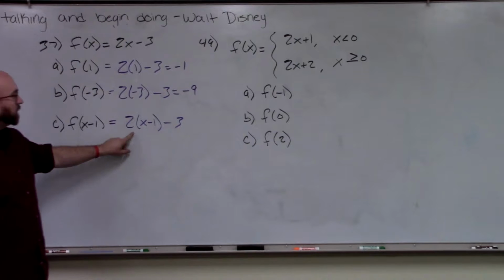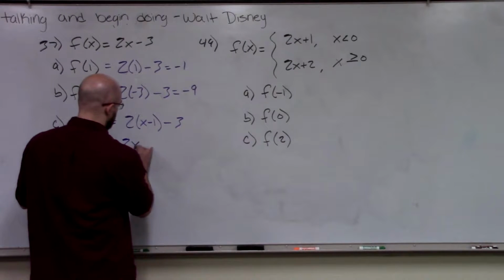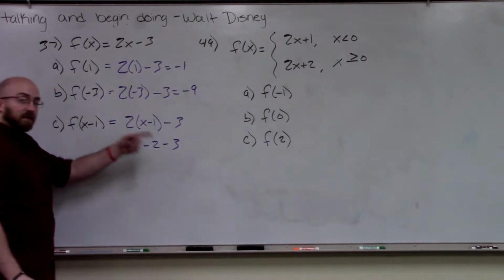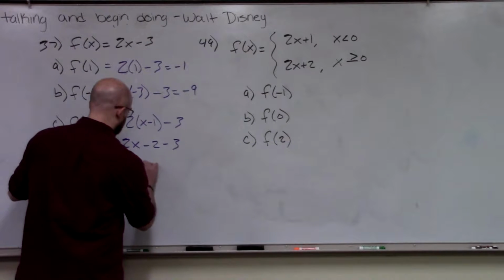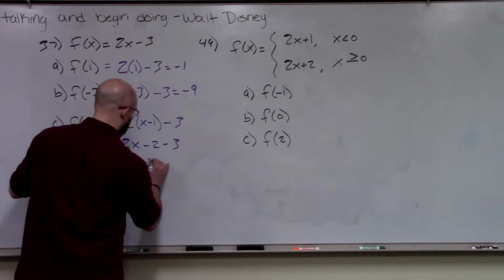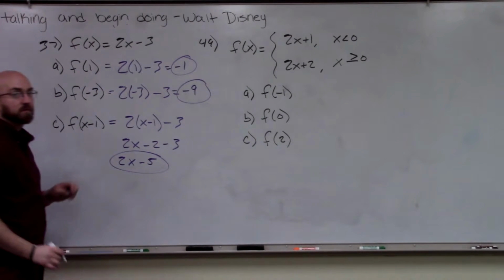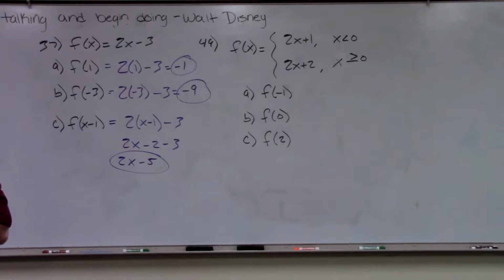Now, what I'm going to do is distribute, and then combine my terms. And those are your answers for something like that. Again, it can be pretty simple, but some students like to complicate it.